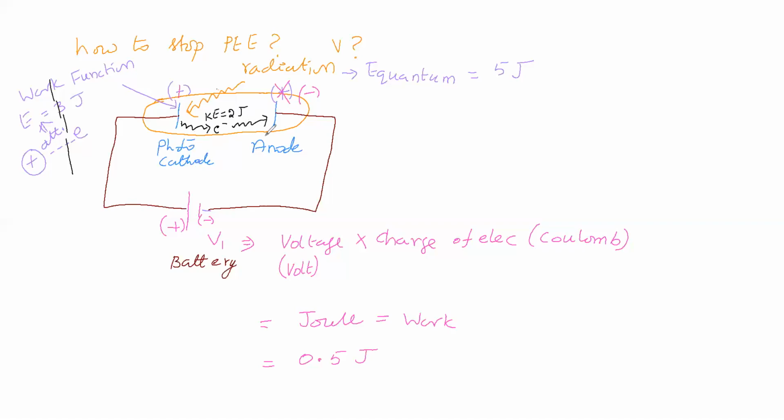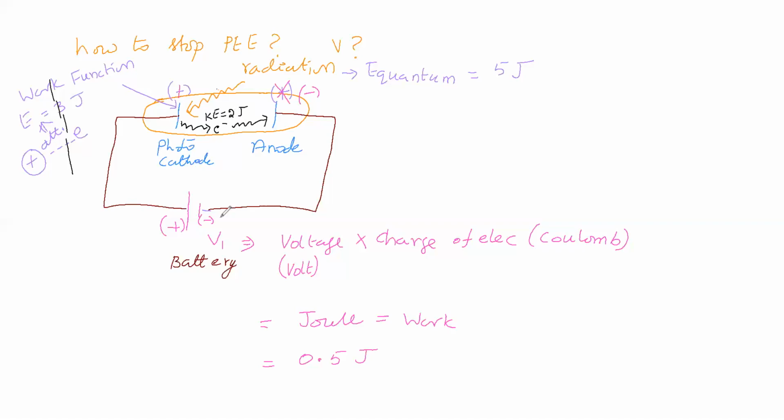Due to this battery, the opposing energy given is 0.5 joule. With what kinetic energy does the photoelectron move from this cathode to anode? You are saying this kinetic energy becomes 1.5 joule.